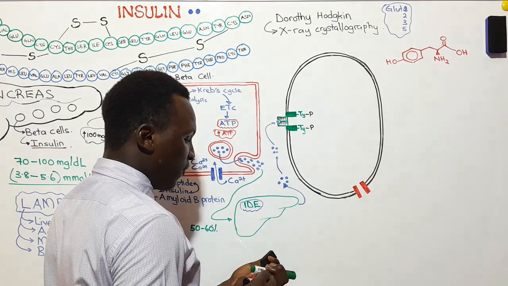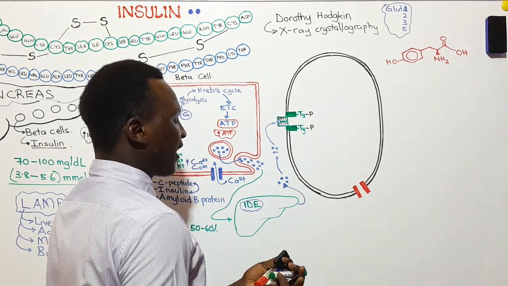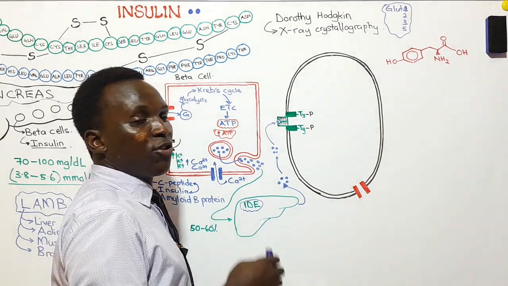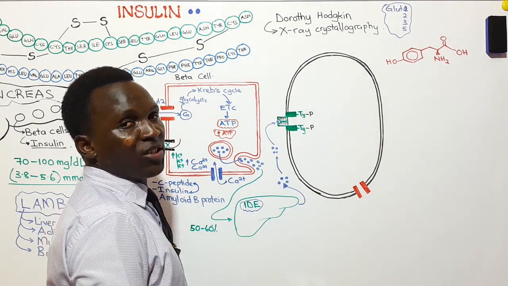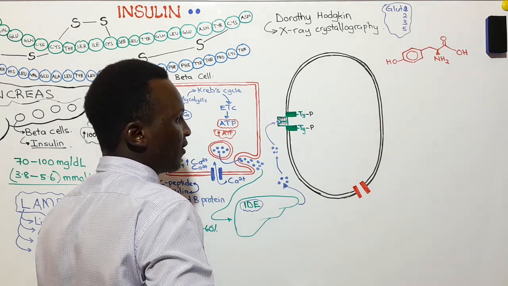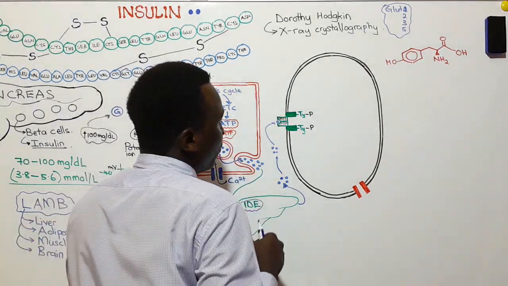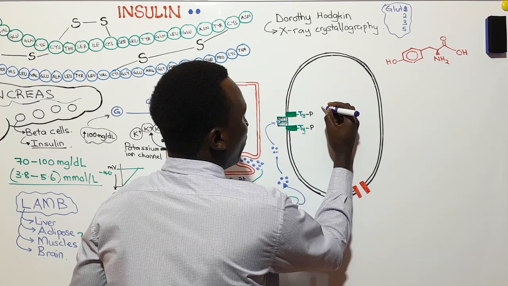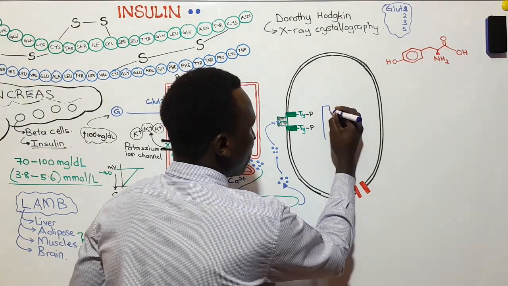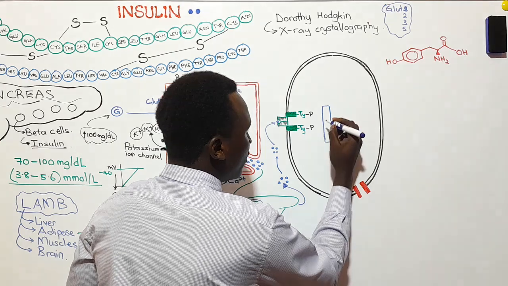These phosphate groups are necessary to act as a stimulatory signal to the proteins we call the insulin receptor substrate proteins. We have insulin receptor substrate protein 1 and insulin receptor substrate protein 2.